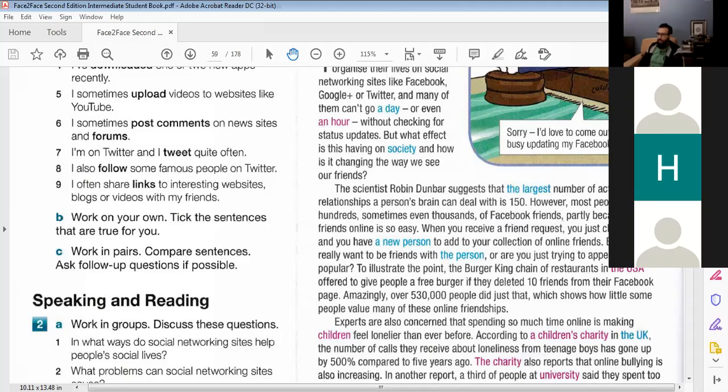But even before that, in the beginning of the paragraph, what did she say exactly? A person's brain can deal with 150. That's it. Yeah. That people on average, a normal brain can usually deal with 150.